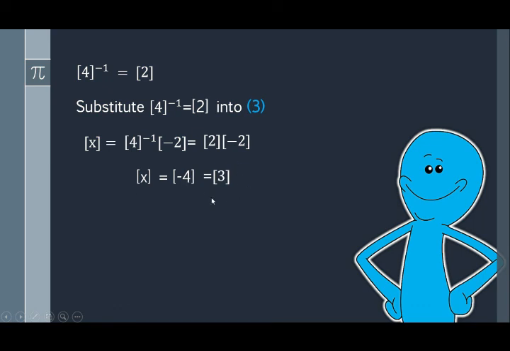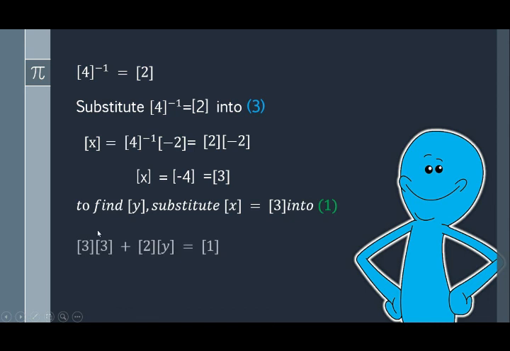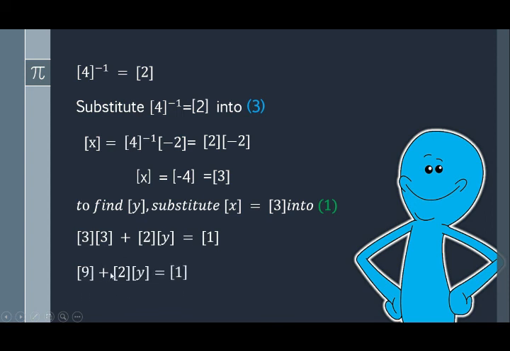Now to find the congruence class of y, I have to substitute what I found here into equation 1. So I'm substituting the congruence class of x equal to 3 into equation 1. This will give me the congruence class of 3 times 3 plus the congruence class of 2 times the congruence class of y equals the congruence class of 1. And 3 times 3 gives me 9, plus 2 times y equals 1.